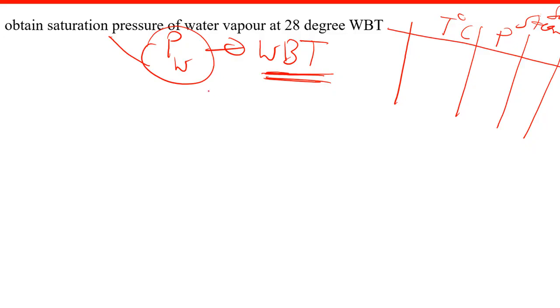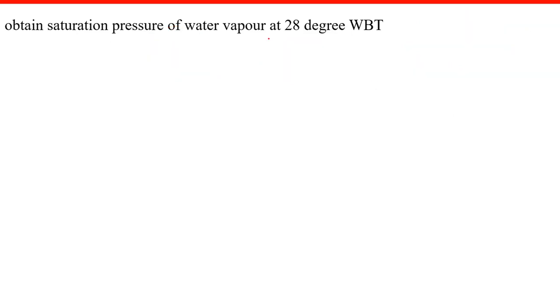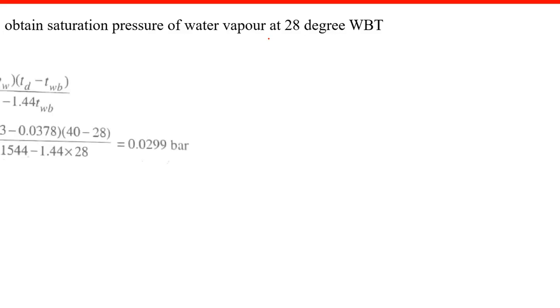In that column, if 28 degree is written, the corresponding pressure is PW. I hope it is clear how to see. So the value of PW is 0.0378 bar. You can verify with the steam table, so while attempting this numerical, take the steam table with you.